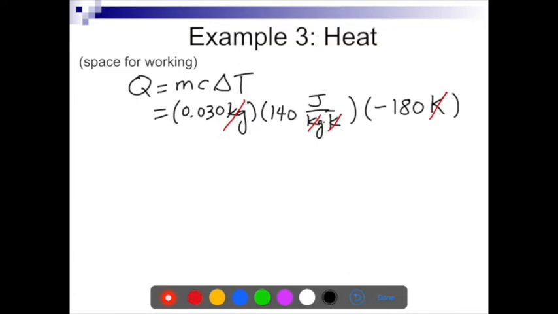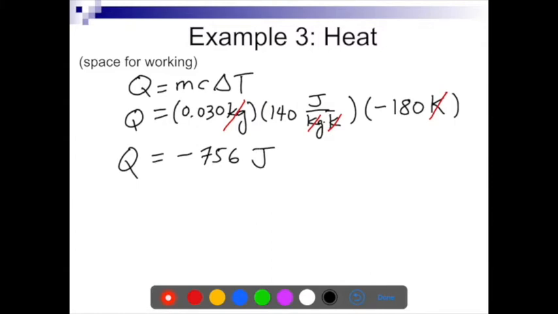So we are now left with the unit of joules for the energy. So plugging in the numbers in your calculator, you will find Q to be negative 756 joules.